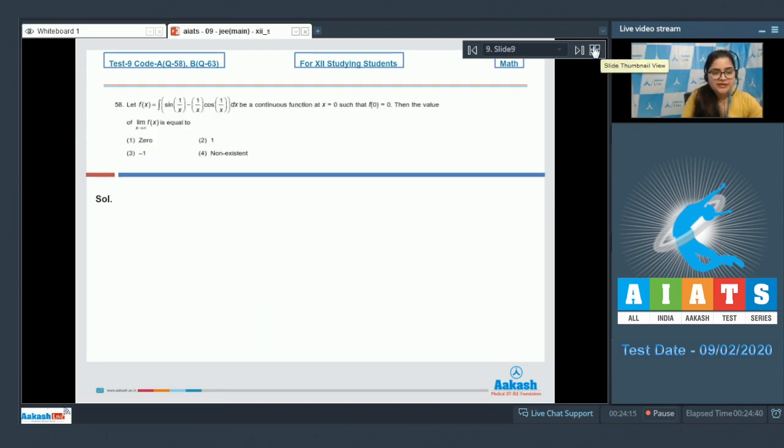58. Let f of x be equal to the integral of sine 1 by x minus 1 by x cos 1 by x dx, be a continuous function at x equal to 0 such that f of 0 is 0. Then the value of limit x tending to infinity of f of x is equal to. First of all, you can observe this expression. This is basically the differentiation of x into sine of 1 by x.